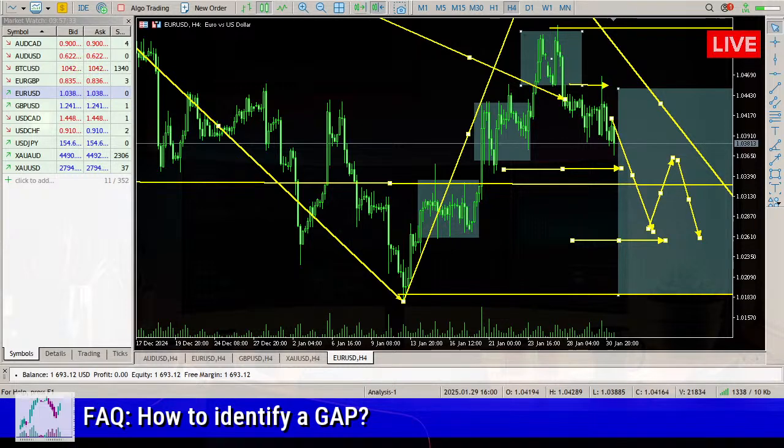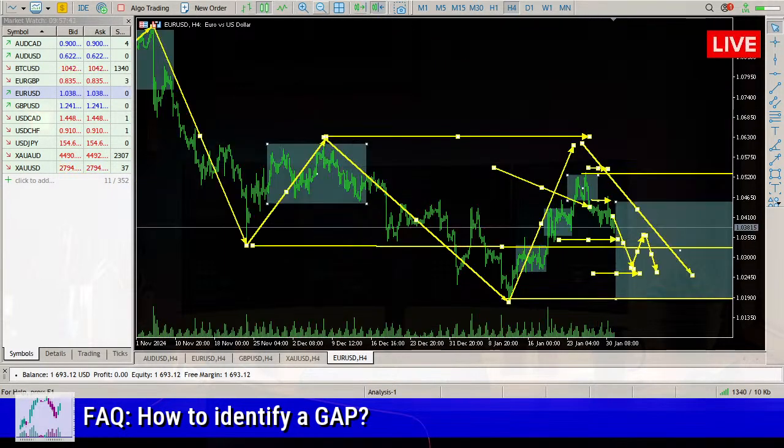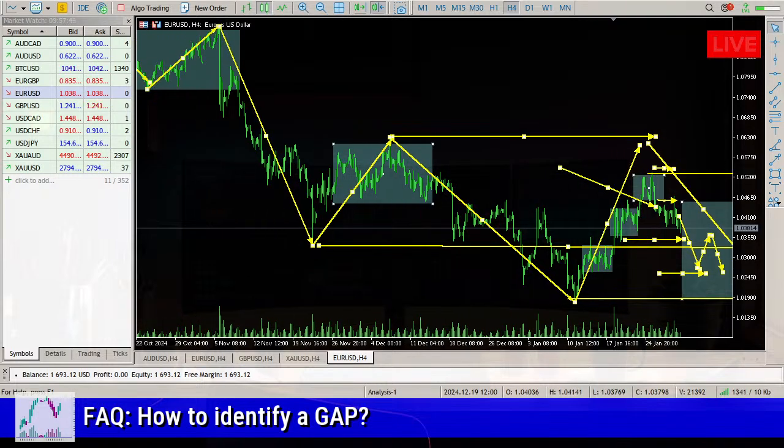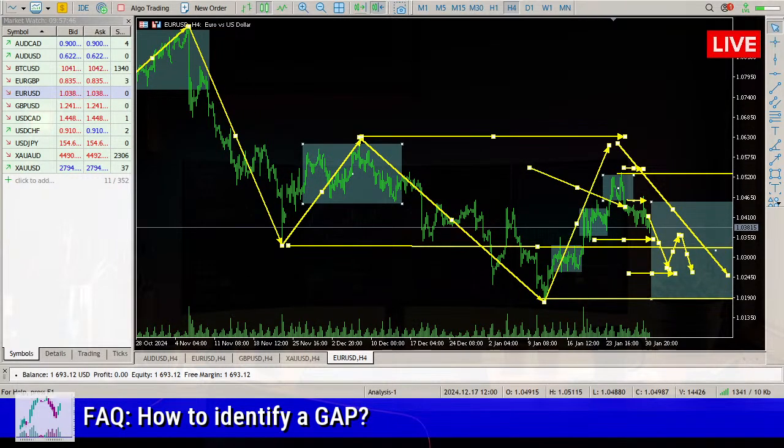Okay, this is the trading plan based on this pattern, but you have to be aware of the support resistance from the higher time frame.